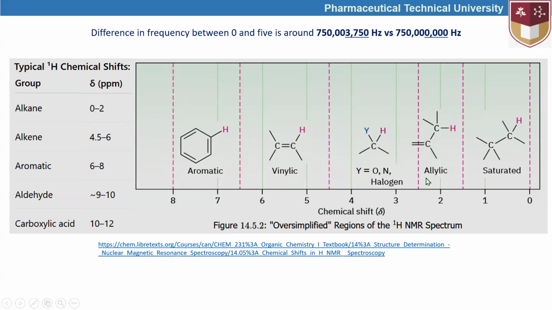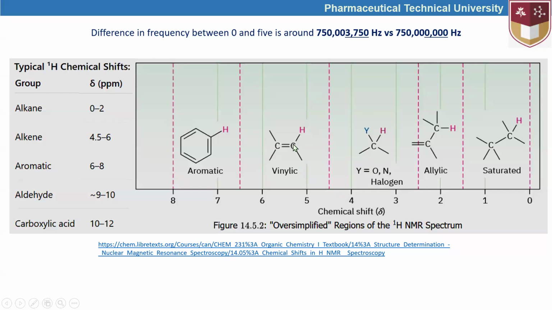Or in allylic compounds, the hydrogen on the carbon connected to a carbon with a double bond is located between 1.5 and 2.5. Or the hydrogen on a carbon that has a halogen is located between 3 and 4.